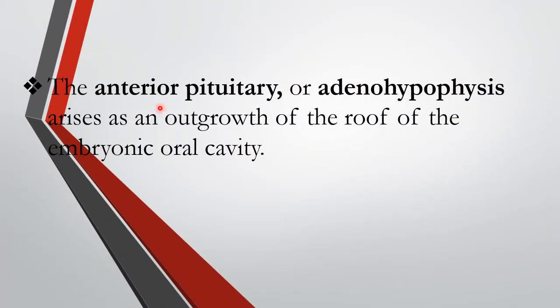Okay, while your anterior pituitary, which is also known as your adenohypophysis, it's an outgrowth, no, of the embryonic oral cavity. Okay, so the roof of the oral cavity, dyan siya nanggaling, no? So, see, they are different in origin. Si anterior sa roof of the oral cavity, while your posterior pituitary is coming directly, no, from the inferior portion of the brain.